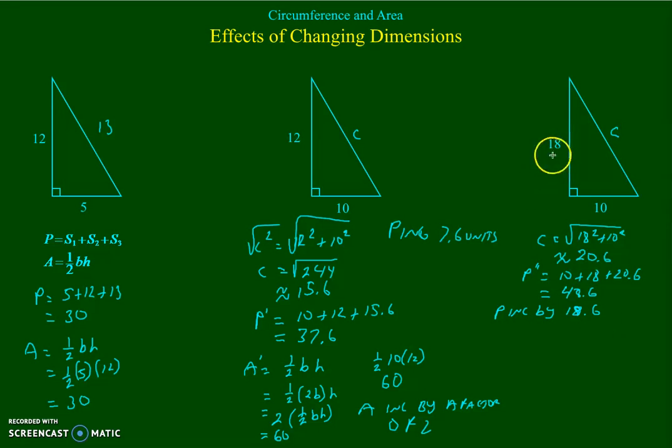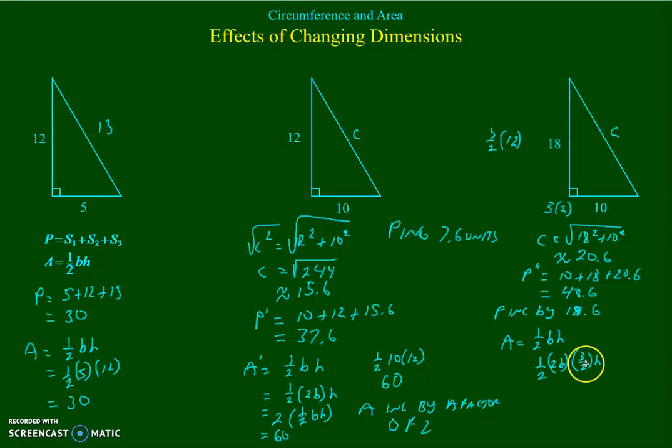Now let's take a look at area. Well, this side is 5 times 2, and this side is 12 times 3/2. So area is 1/2 base times height. We took the base and multiplied it by 2, and we took the height and multiplied it by 3/2.